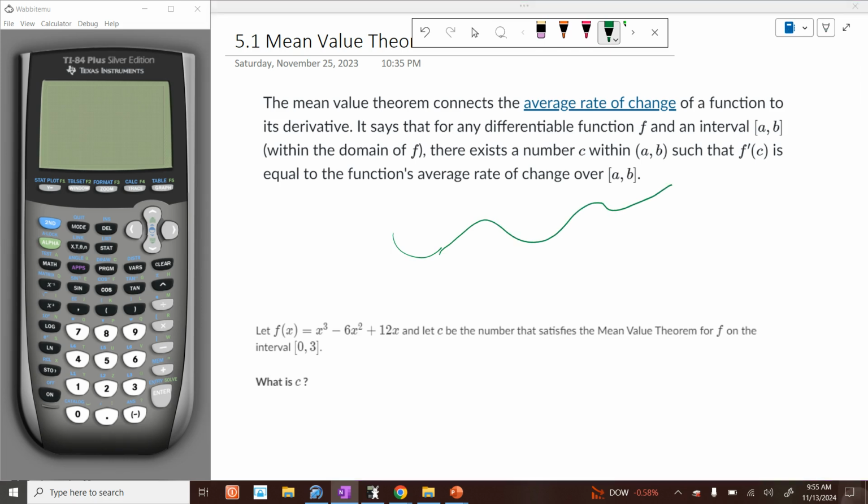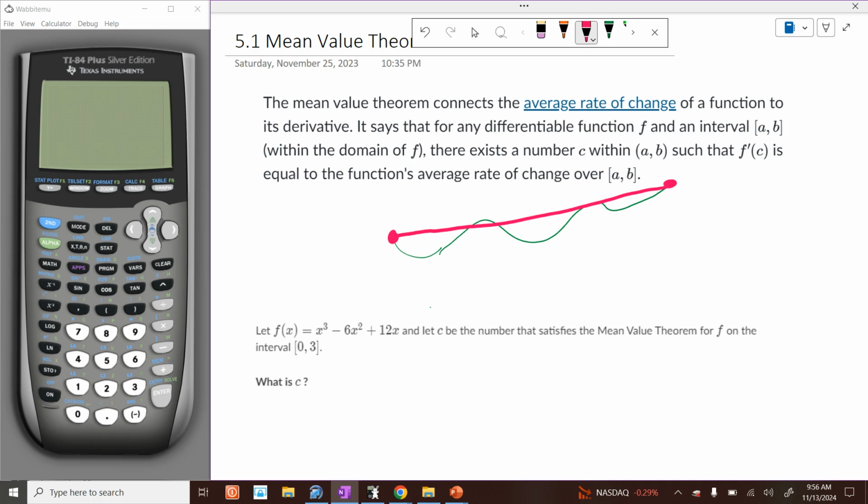You connect the endpoints of this squiggly line, and we find the slope of the straight line. Then we say that somewhere along the squiggly line, and it could be multiple places, the slope of the squiggly line will match the slope of the straight line. That's the mean value theorem.